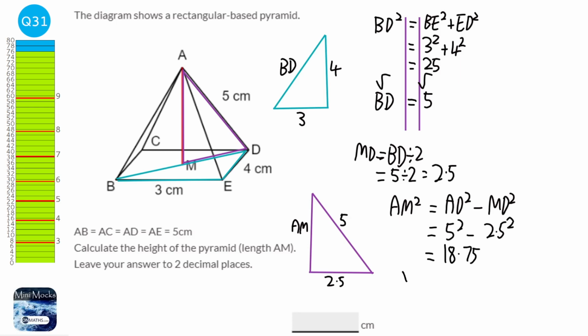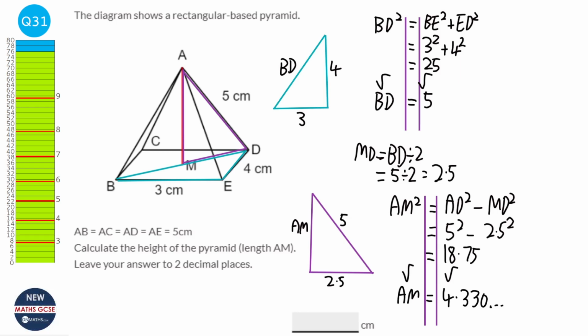Then we'll square root both sides. I haven't put my tram lines in. Let's get those in as well. Make sure it's all neat and tidy. So we've got AM is equal to 4.330. And because it says 2 decimal places, we want to write down the answer 4.33 centimetres.